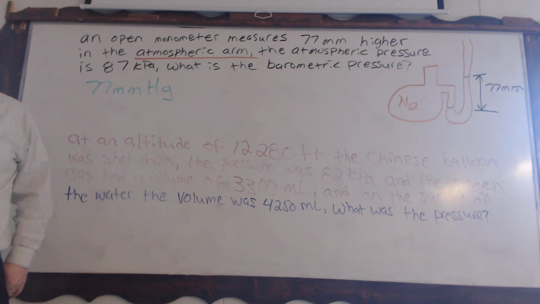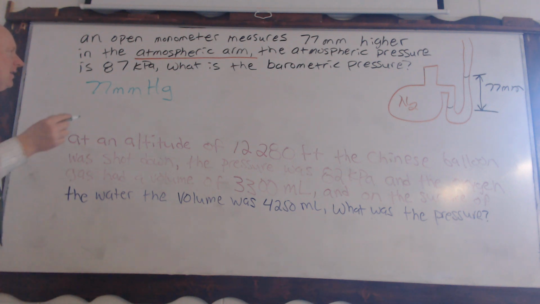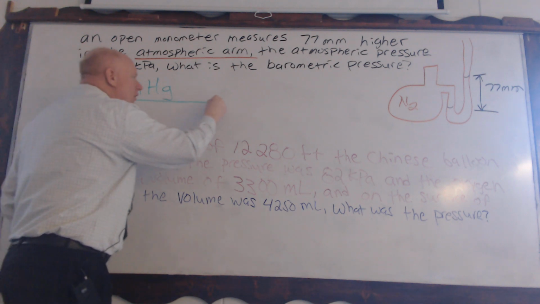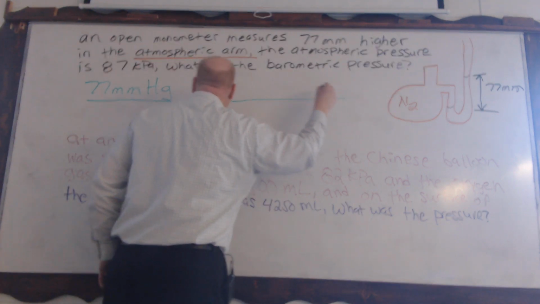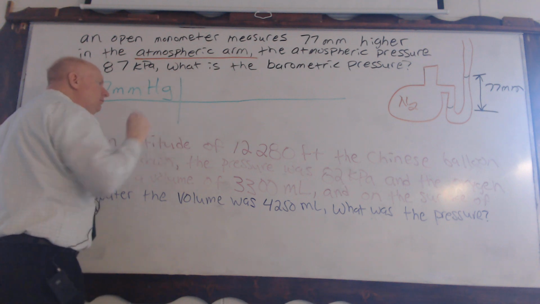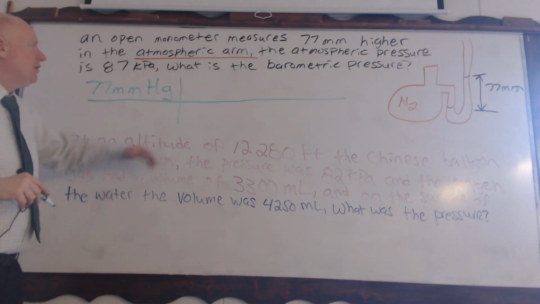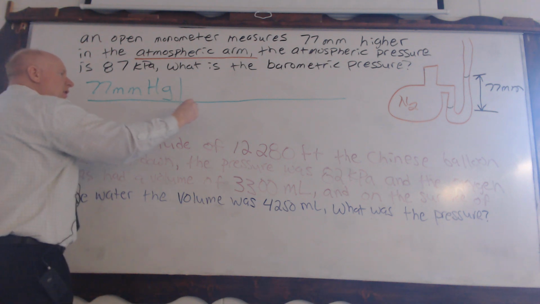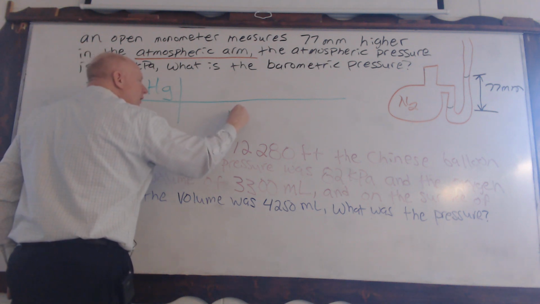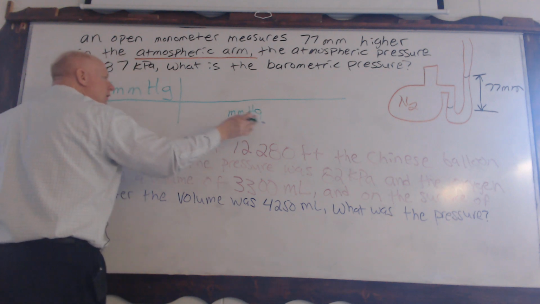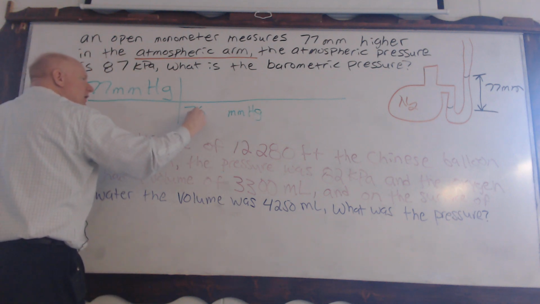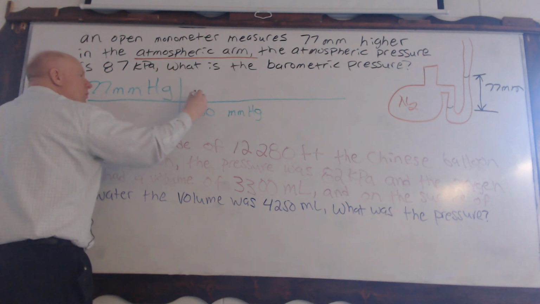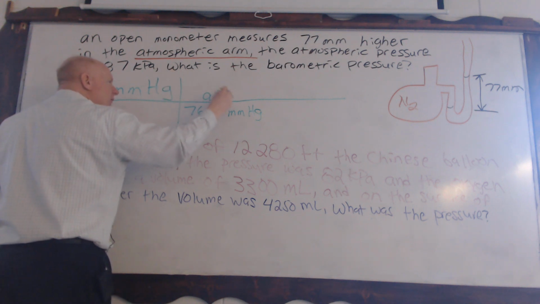Okay. So with that, how many millimeters of mercury are in an atmosphere? 760. So does that go on the top or the bottom? Okay. So when you put these labels in here, then we know where the numbers have to go. For every 760 millimeters of mercury within a column, we know we're going to get an atmosphere pressure.